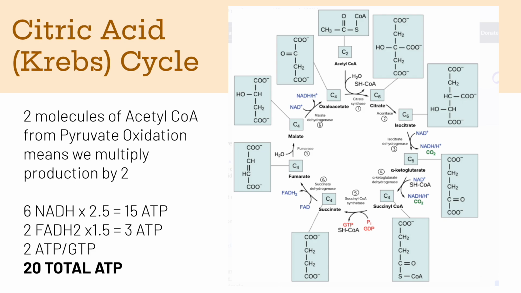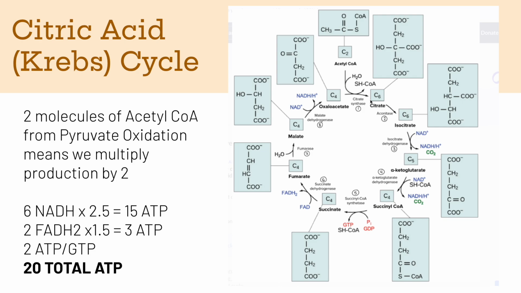So, as we move into the Krebs cycle, again, like we talk about, the pyruvate oxidation creates that acetyl-CoA for us that drops us into this Krebs cycle that we see here. And so this is where we're going to gain a lot of ATP molecules as we go throughout this chain. And so we'll sort of work around the circle here.